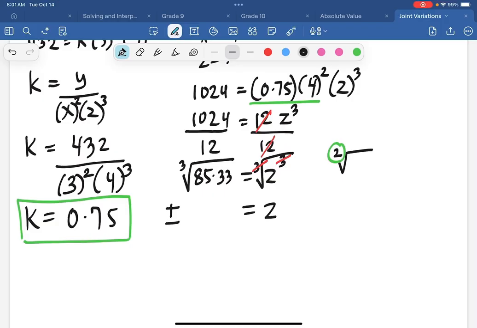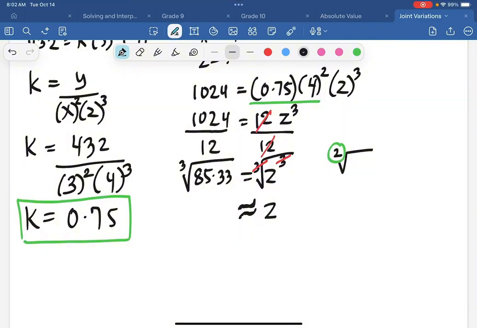So using our calculator, we get the cube root of 85.33. So just an estimation or approximation, so again, we're not gonna use an equal sign. This is not applicable to negative, so only the positive one.